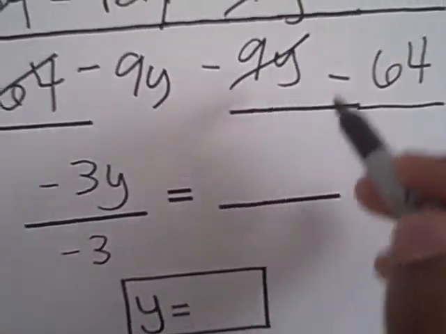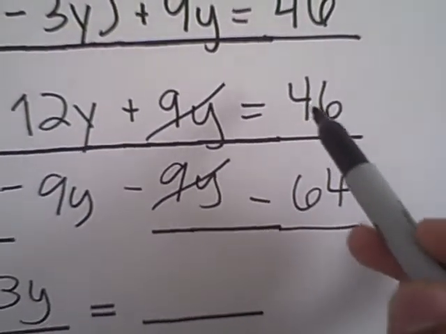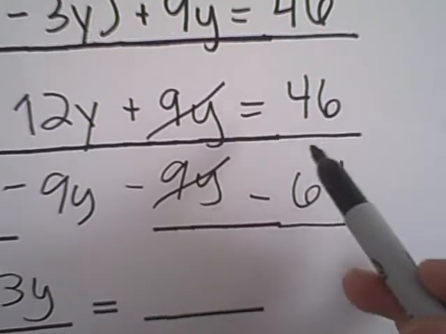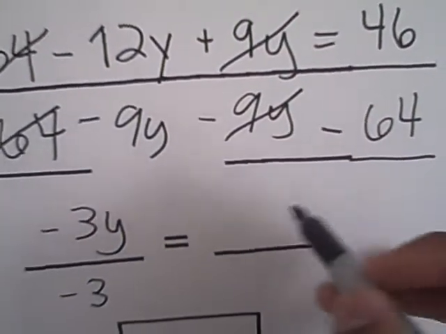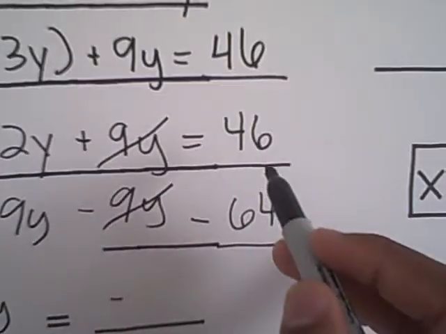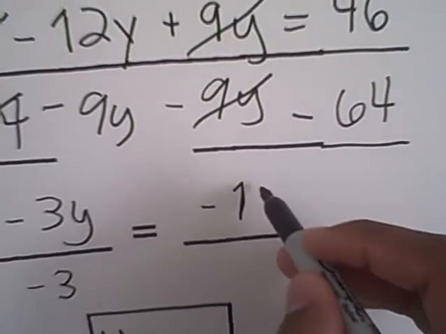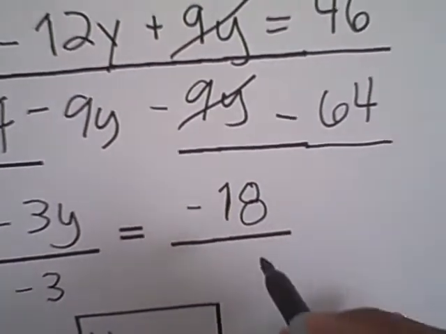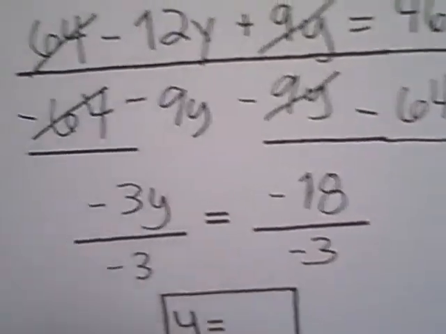And over here, we're still working with this side. 46 minus 64 leaves us with negative 18. Then we also have to divide this by negative 3.